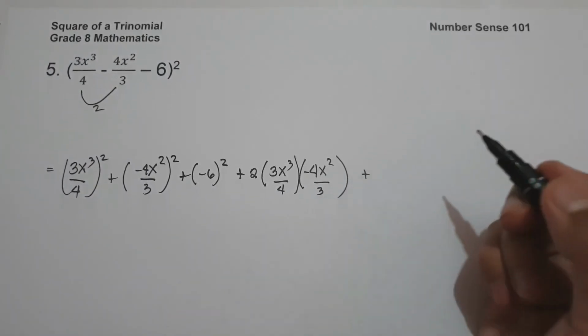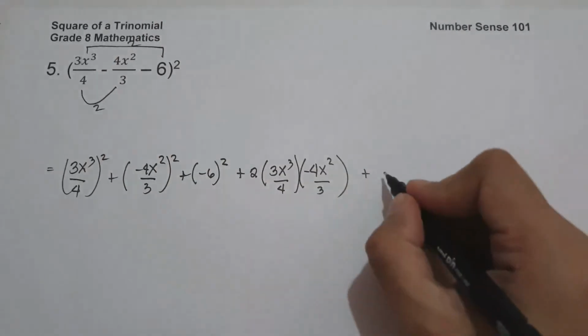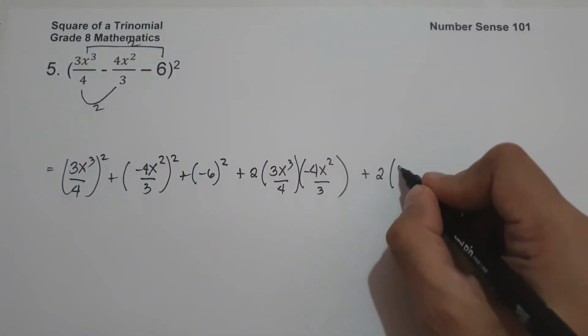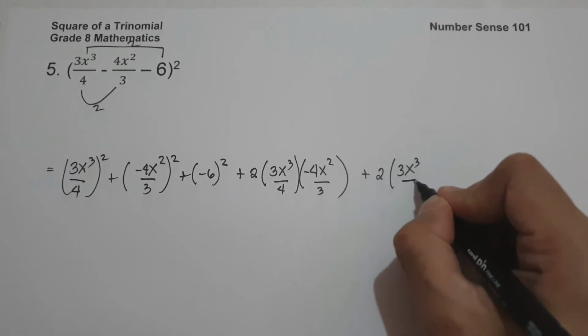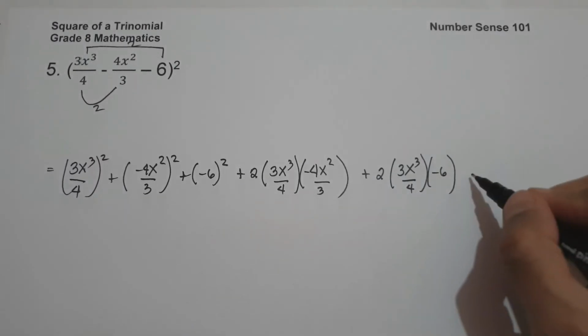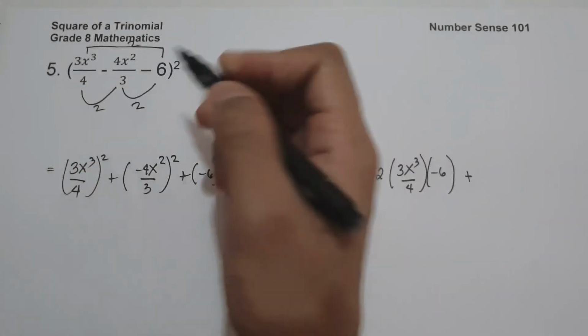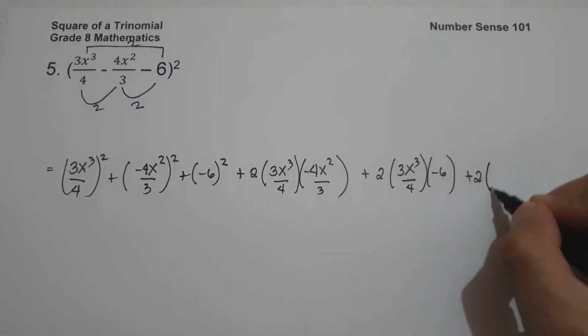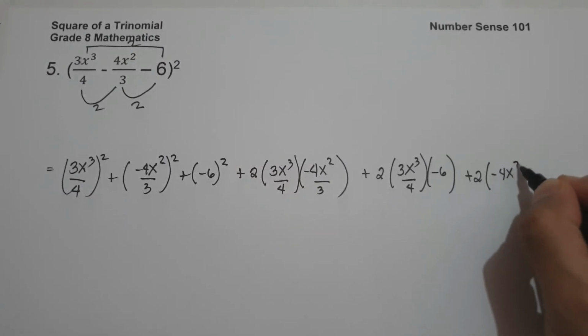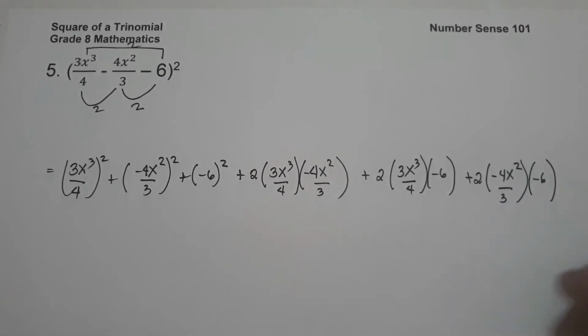And to find the fifth term, multiply the first and last term by the constant 2, that is 2 times 3x cubed over 4 times negative 6. And finally, multiply the second term by the last term by the constant 2, that is 2 times negative 4x squared over 3 times negative 6.